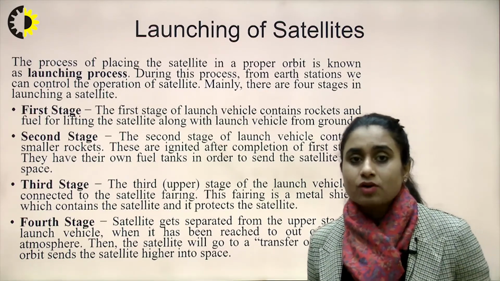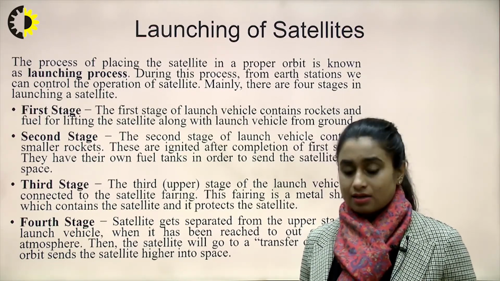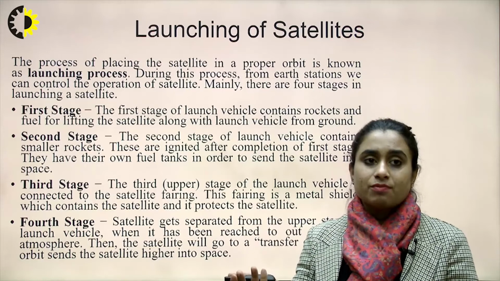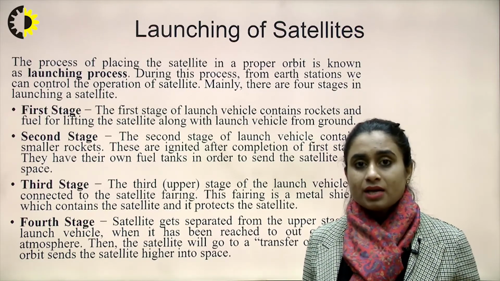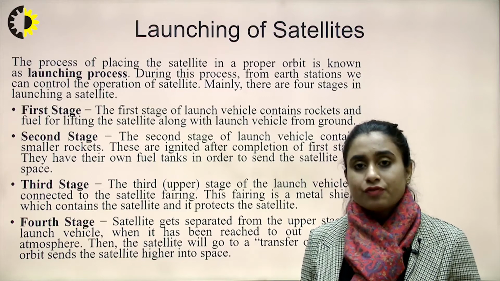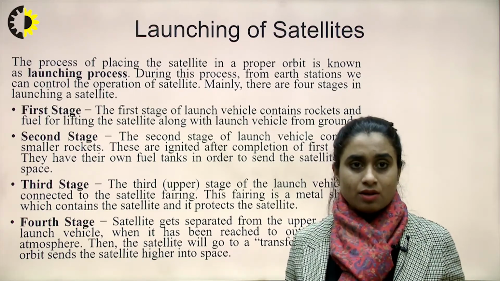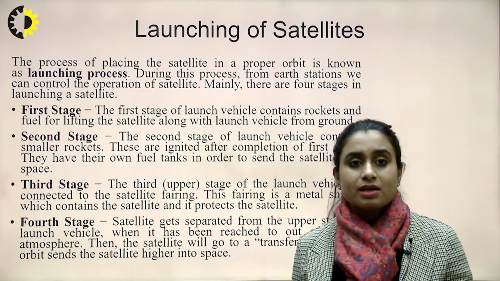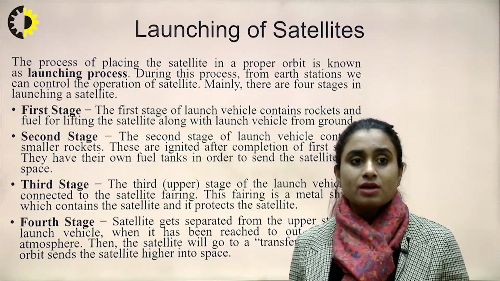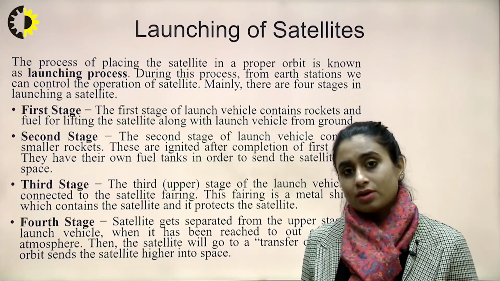Most of the fuel gets consumed in taking the satellite away from the gravitational pull, to a few kilometers beyond Earth's surface, where the gravitational pull becomes negligible. So the first stage of the launch vehicle contains rockets and fuel for lifting the satellite along with the launch vehicle from the ground.